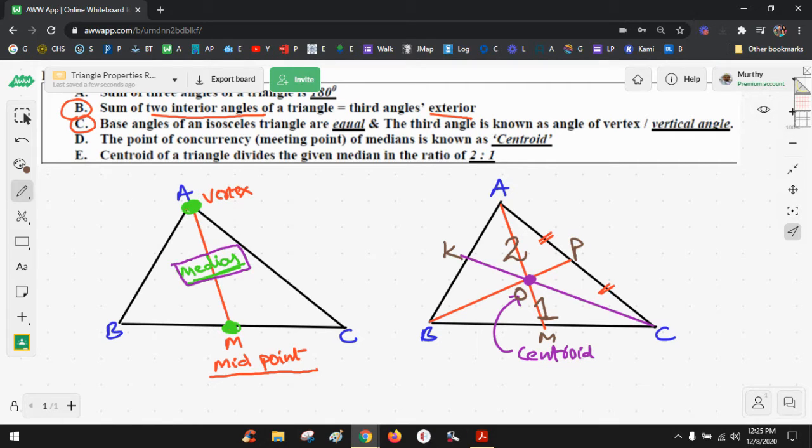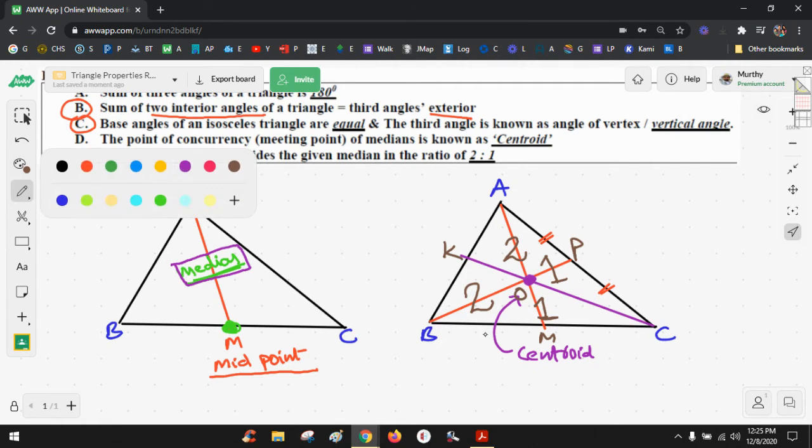So it may lead to this kind of confusing questions. So in such a case, what I prefer is to remember this way: from the vertex, that is two parts, and the one which is touching the midpoint, that is one part. Anyhow, I'll give more examples when I take some questions from my worksheet.